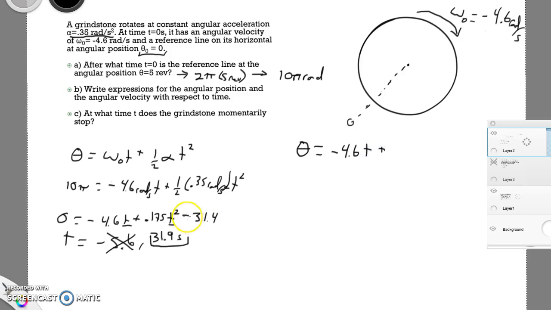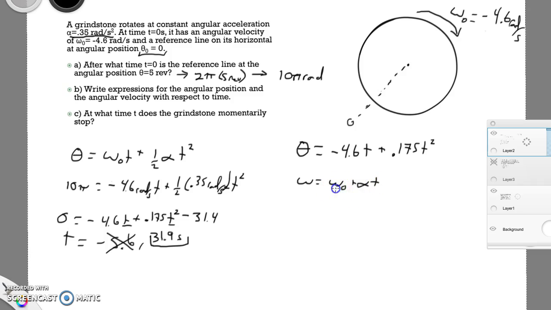I simplified it here. So we have 0.175 t squared, and now we have a function relating position and time. Okay, so that would be one of your answers. For the second one, it's asking for angular velocity, so we'll use this equation right here.